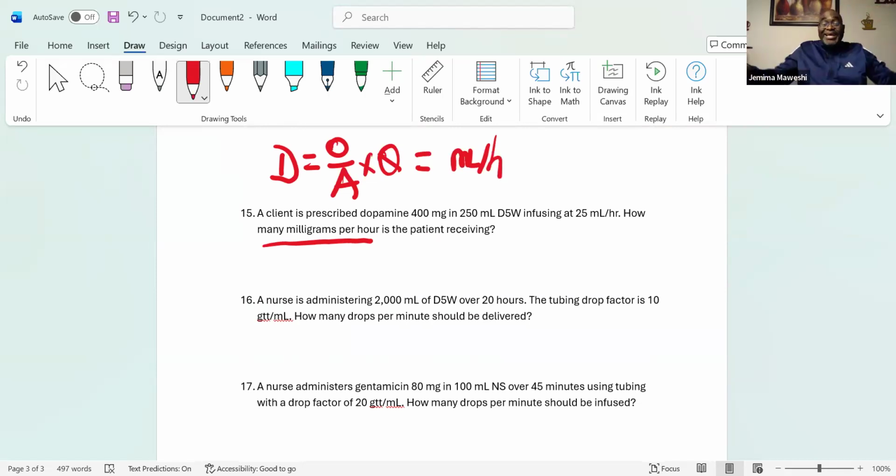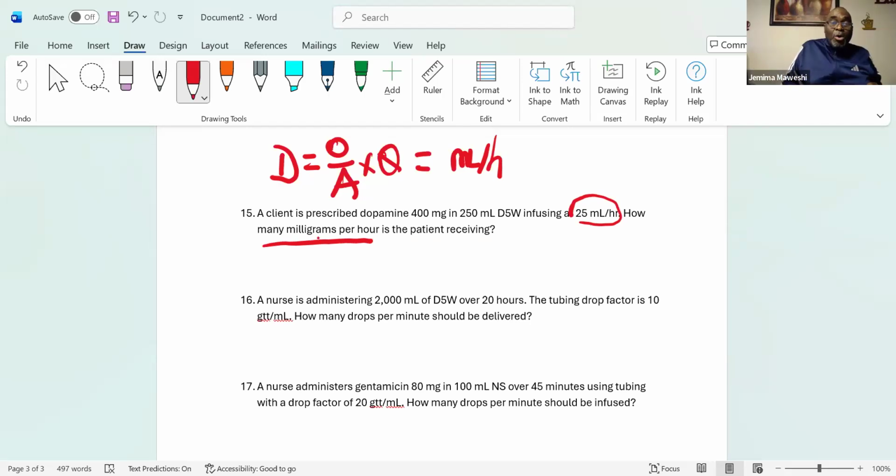That's it. But if you are not looking for milliliter per hour, you will be in the order section. Look, milliliter per hour is given to you already. So you cannot start looking for it.